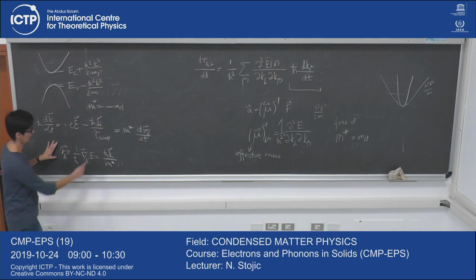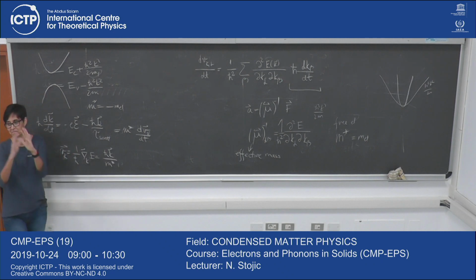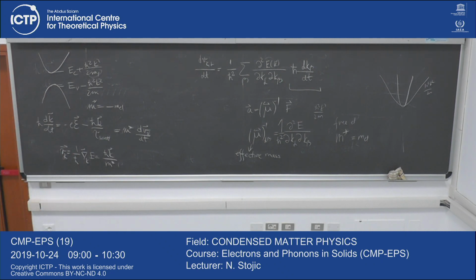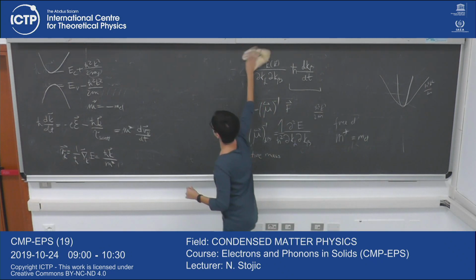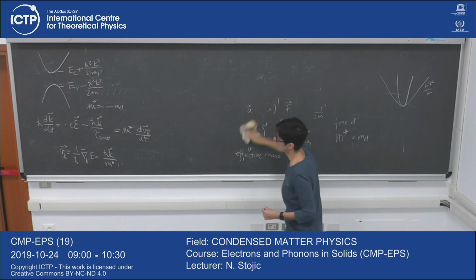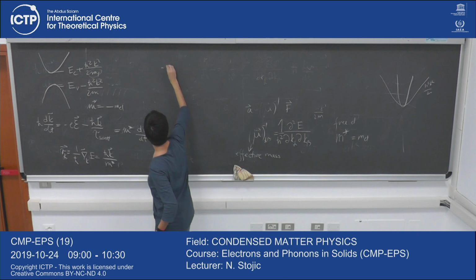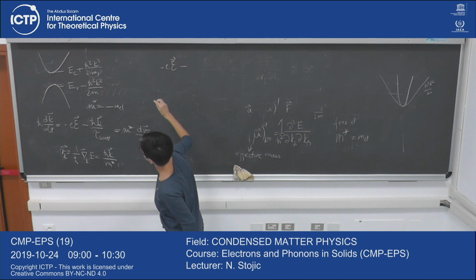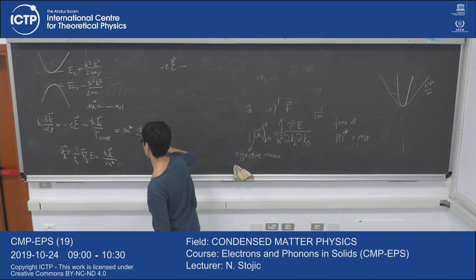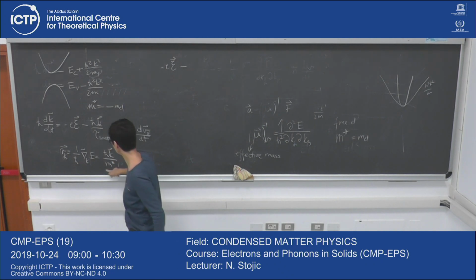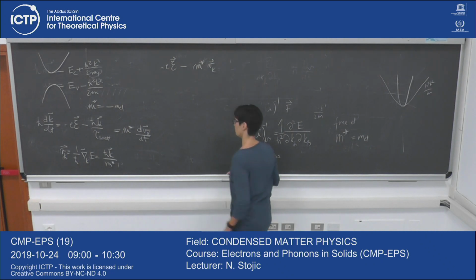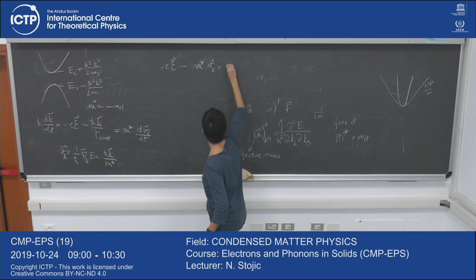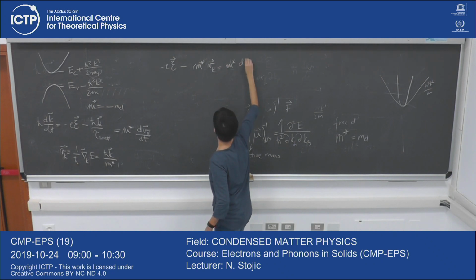Okay, this is something I will put in my part that I wrote just based on dimensional analysis and intuition. So ħk is equal to v_k times effective mass, which is equal to effective mass times acceleration.